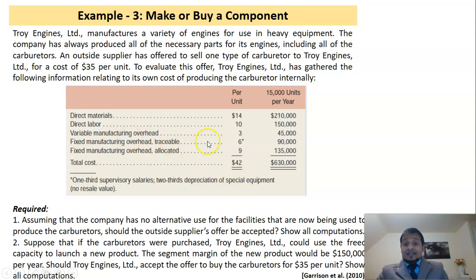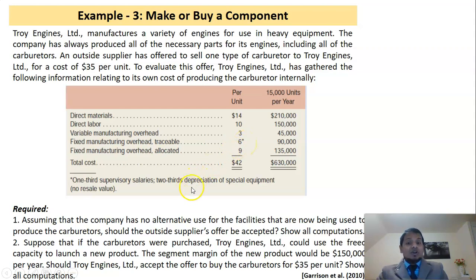And out of these traceable fixed costs, 1/3 is relating to supervisory salaries. All right, so 1/3, and 2/3 is for depreciation of special equipment, which has no resale value. So 2/3 is relating to depreciation.